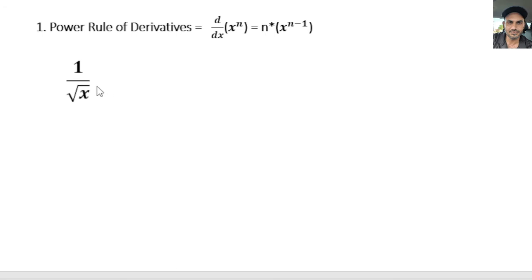Before we start with the derivative, let's take a look at the domain of this function. So we have a square root of x, and we have a couple of restrictions here. First, x cannot be negative. So x cannot be equal to a negative number.